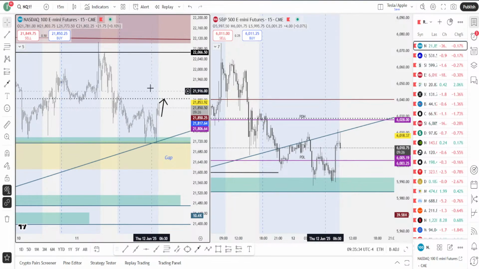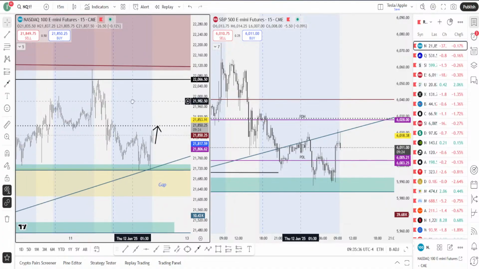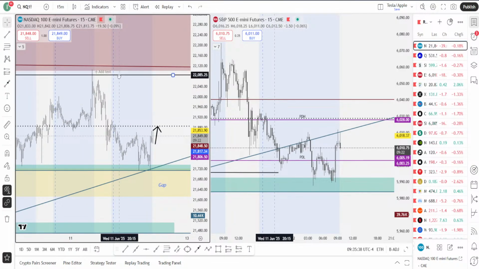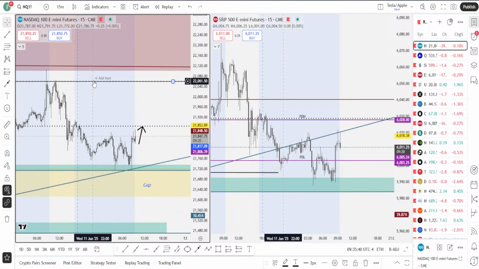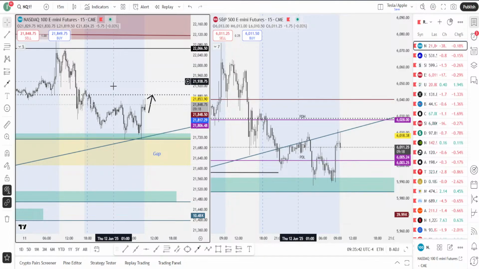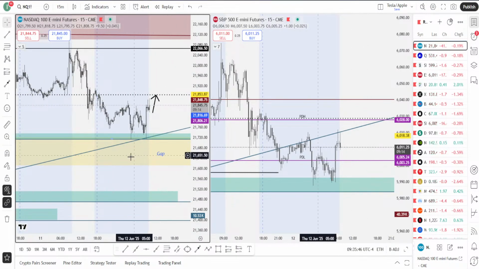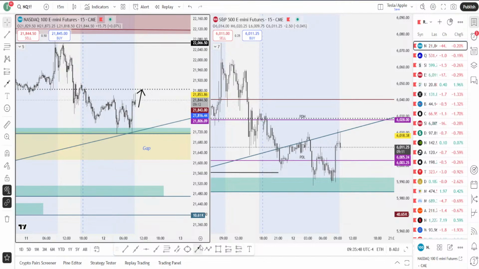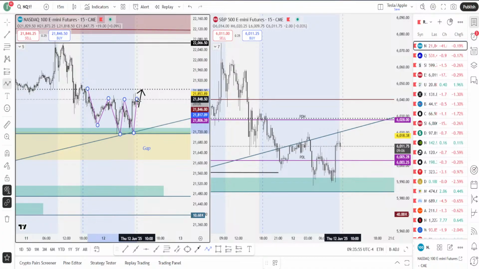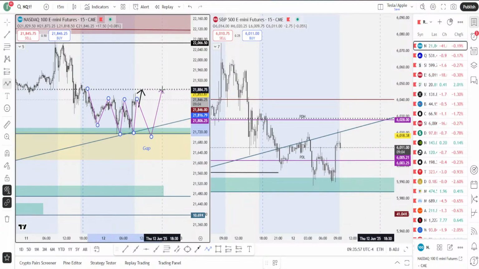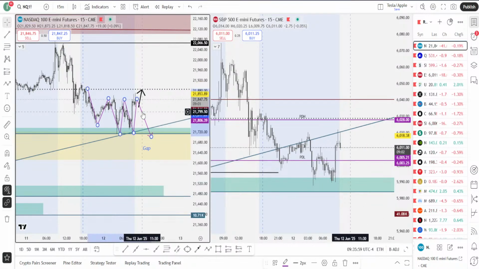We got support down here. And it looks like we possibly have a range here. Right? So we have a range.